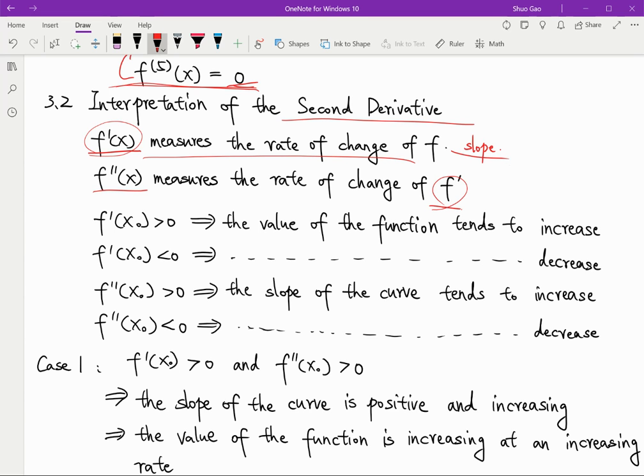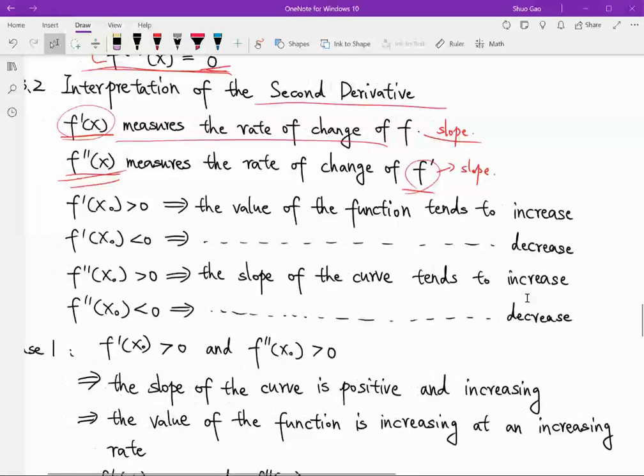So what does that mean? You can think of f' as the slope of the function, so the second derivative means the rate of change of the slope of the tangent line.